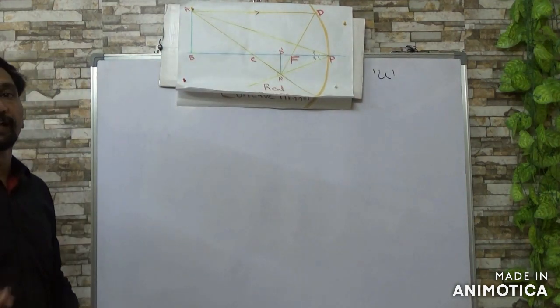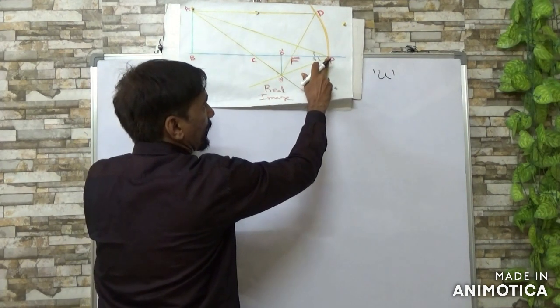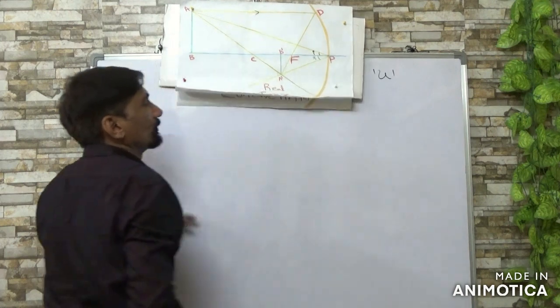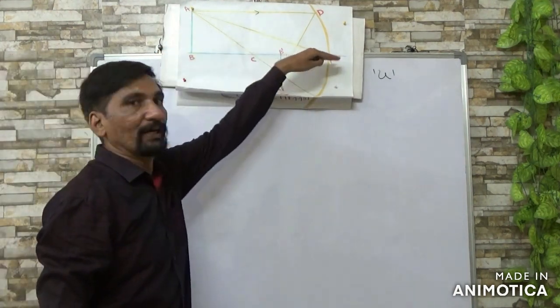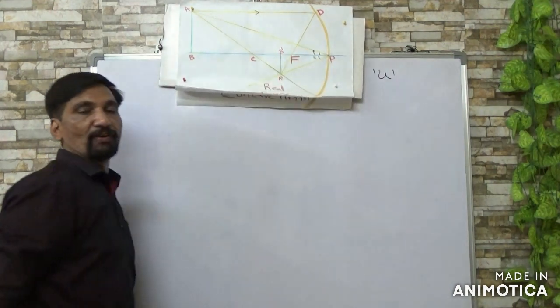Now another light ray from A is striking the mirror at the pole, making an angle I. It is nothing but the normal now, so the angle of incidence equals the angle of reflection.